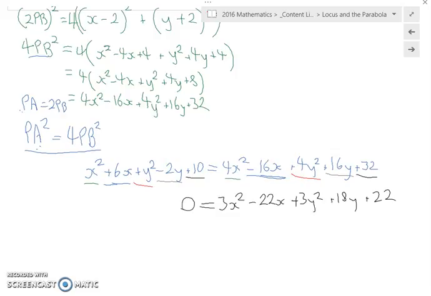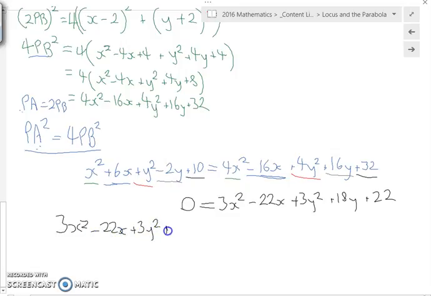Okay. So we now have the equation. It doesn't ask you to tell me what shape it is, but you should be able to look at that. If I rearranged that a little bit, you should be able to tell me what shape it is. What does it have?